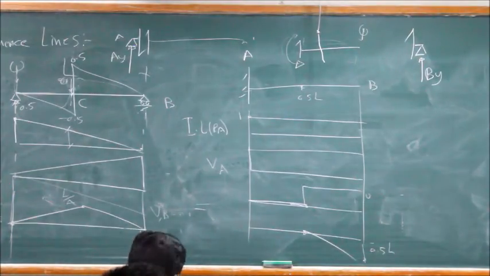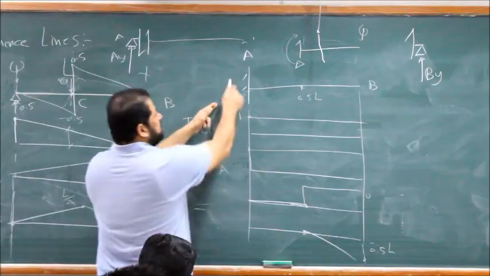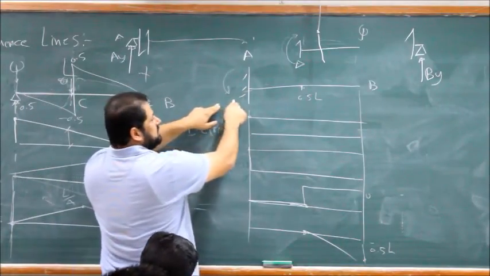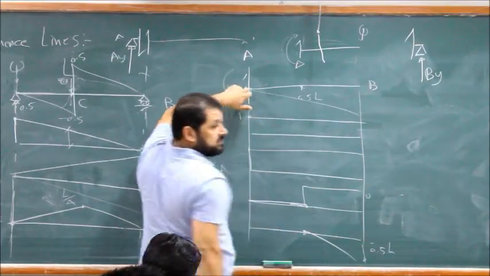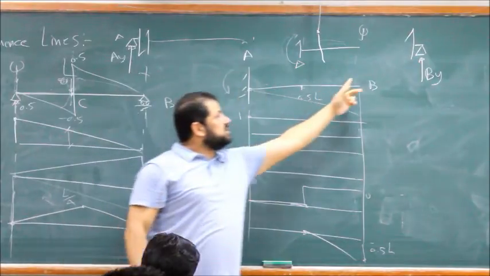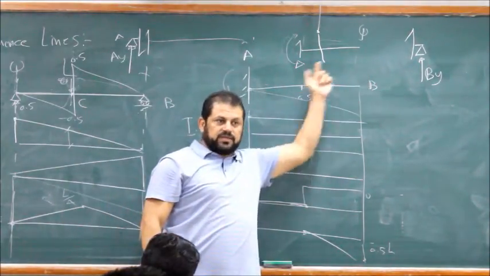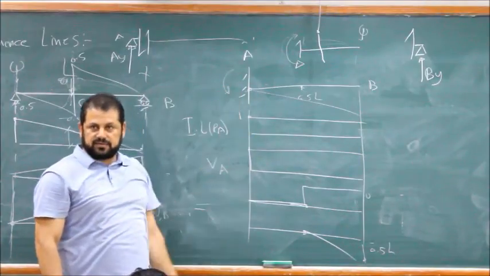Calculate it. What's the influence line for the moment here? 0 minus L. When the unit load is here, the moment here is 0. When the unit load is all the way here, the moment is 1 times L, and it's in this direction, which means negative.